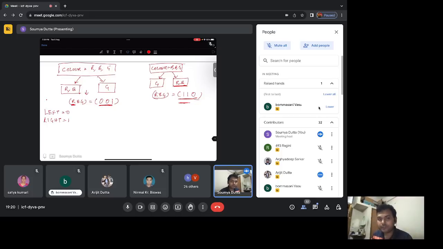But from the point of view of a decision tree, from the example which I showed earlier also, are these different, 0 0 1 and 1 1 0? Yes, it is different, sir. Okay, now why? The values are different.